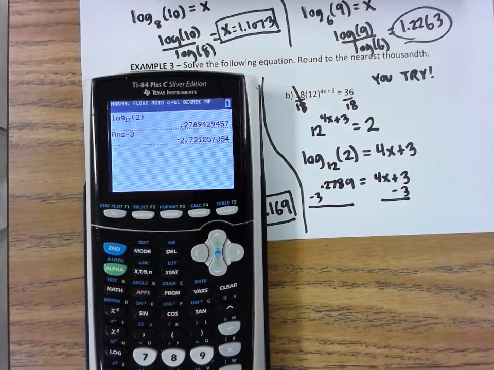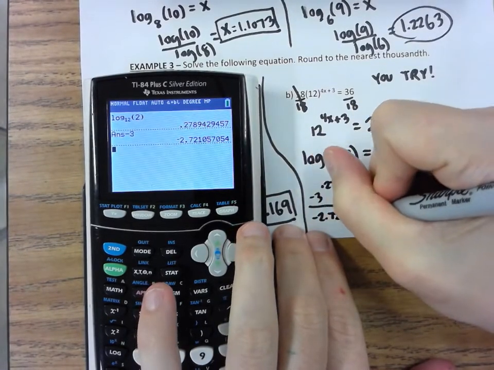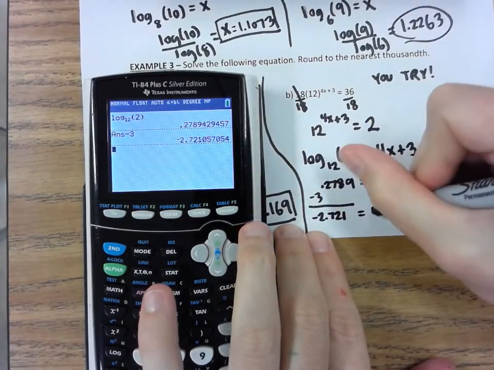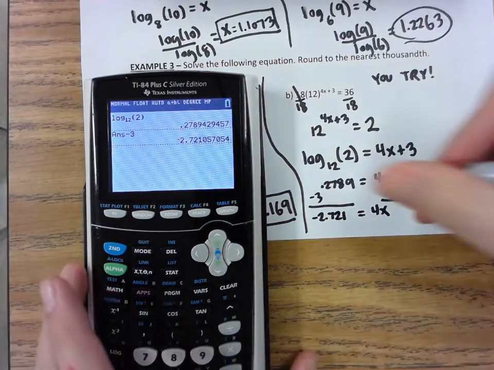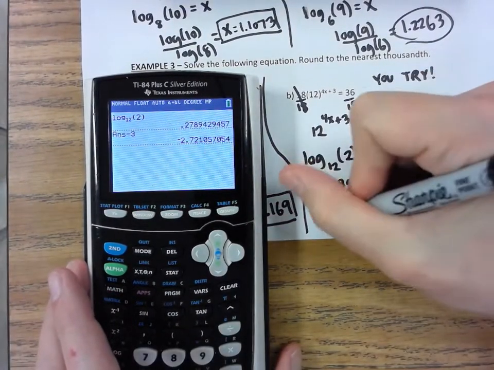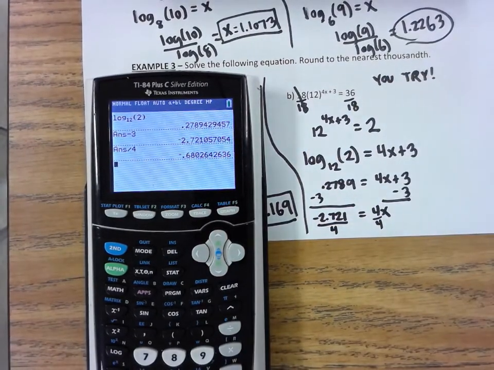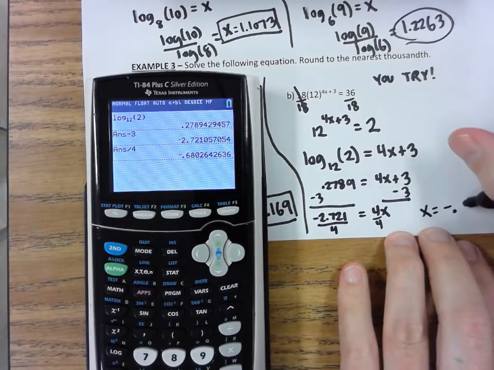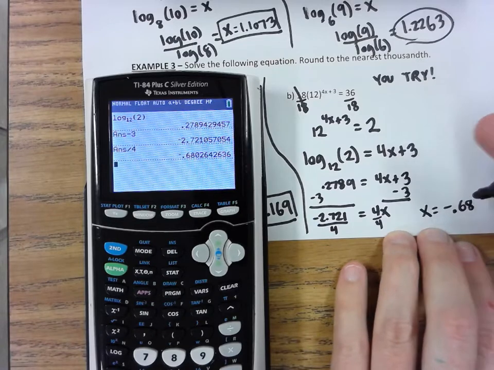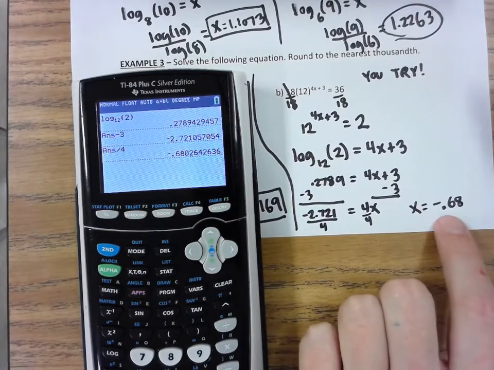Negative 2.721. Final step, divide both sides by 4. Negative 0.68. 0, 2, 6, however far you want to go, but at least give me 2 spots.